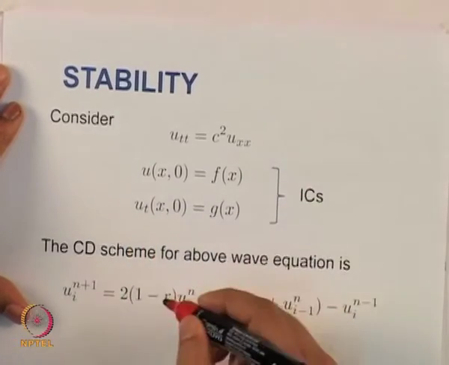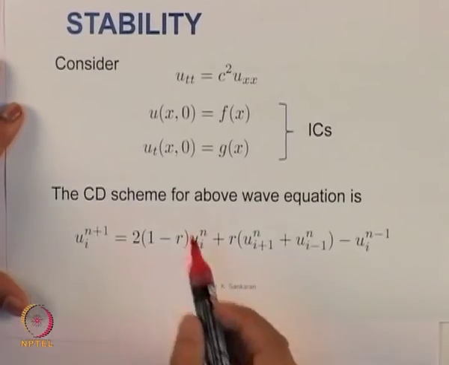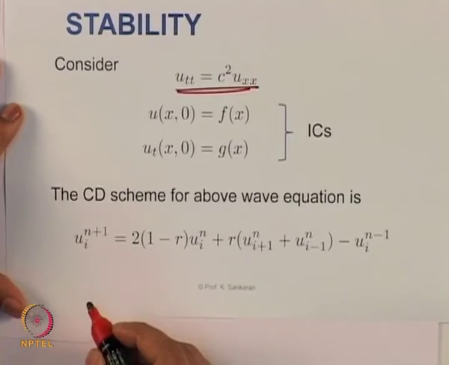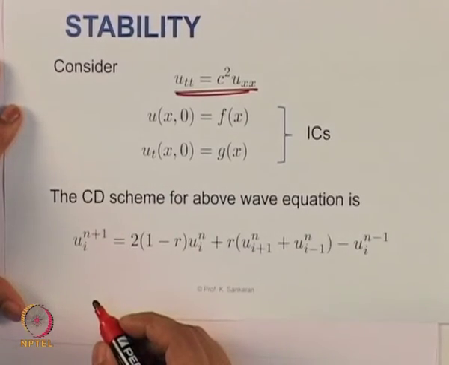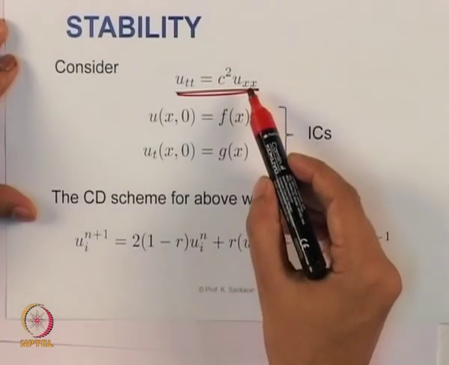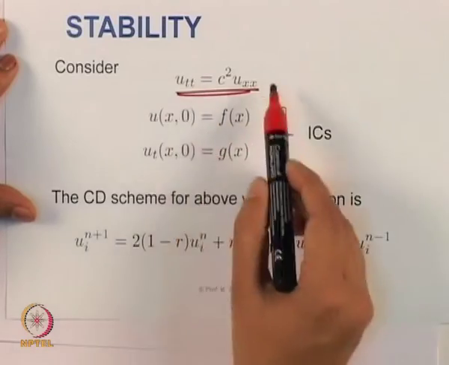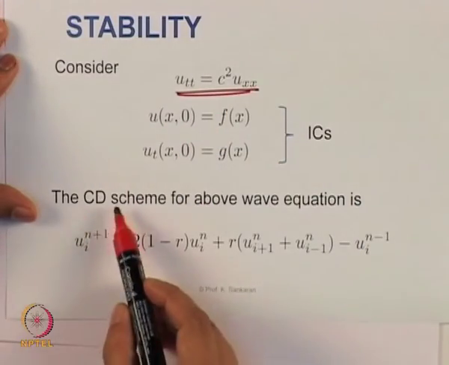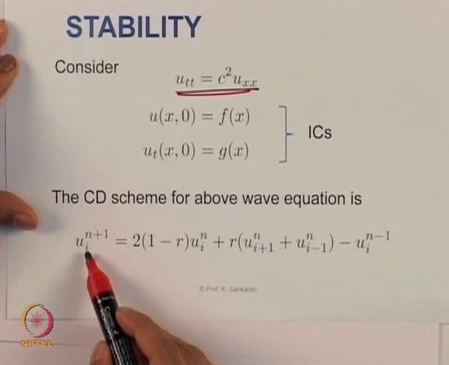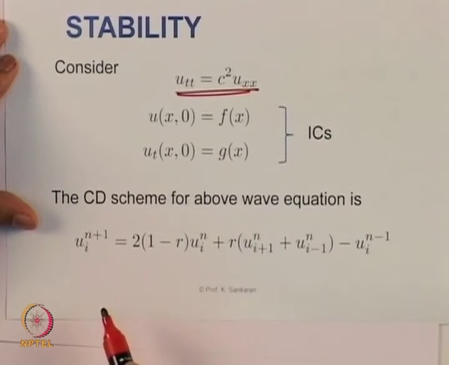So these are the two conditions that are given, and we know that for this particular partial differential equation we can write the entire equation in the finite differencing scheme, and we can take the u n plus 1 of I on the left hand side and the other terms on the right hand side.